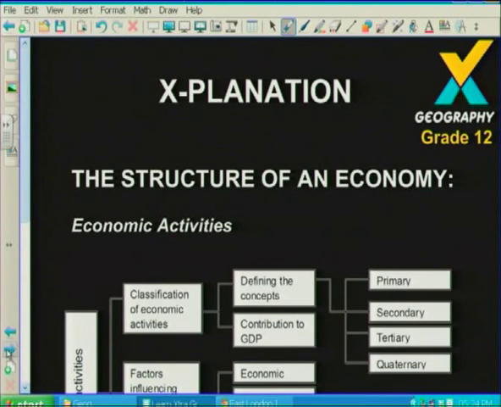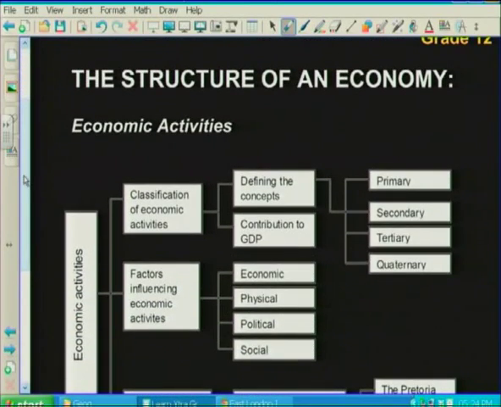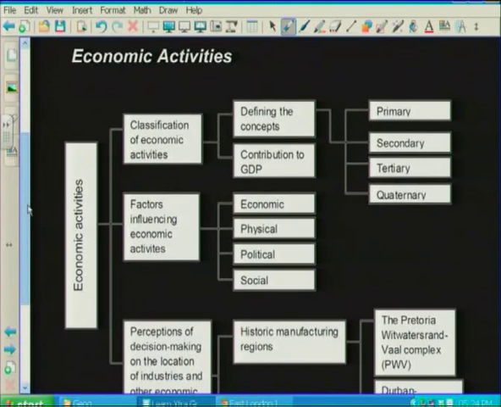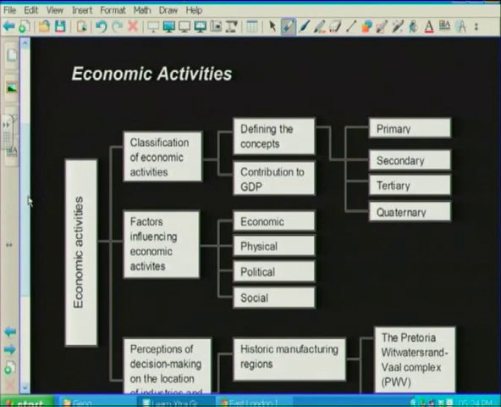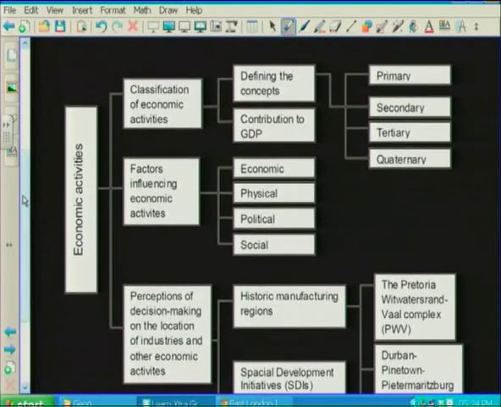Okay, so if we jump straight onto this very first slide, there's a structure of our economy, a nice flow diagram, which shows you how we look at economic geography or what economic geography is all about. If you have a look at this flow diagram over here, you'll see that we can break all economic activities into 3 areas, the 3 that I'm pointing out over here now.